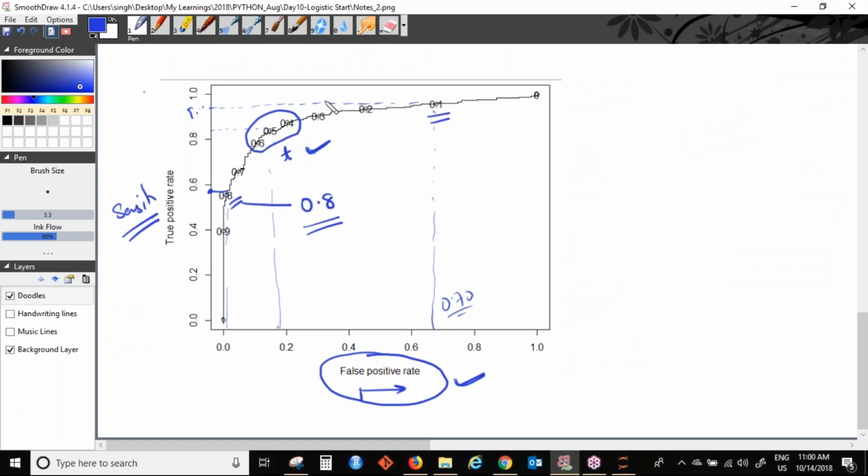And accordingly you take a threshold. Yes, guys, any doubts?